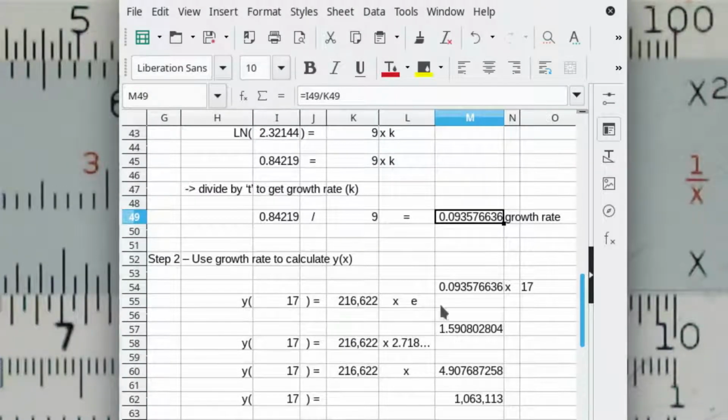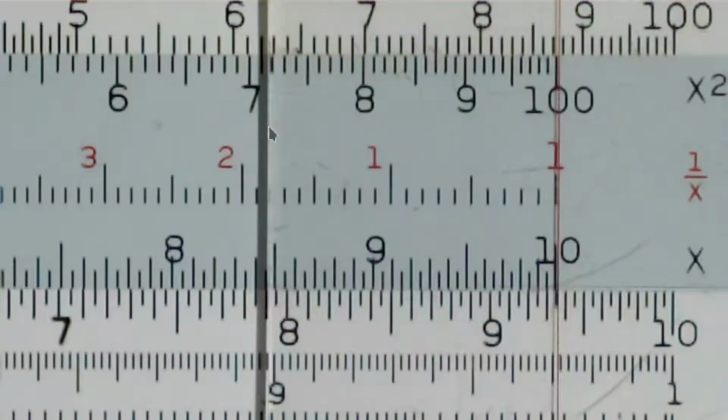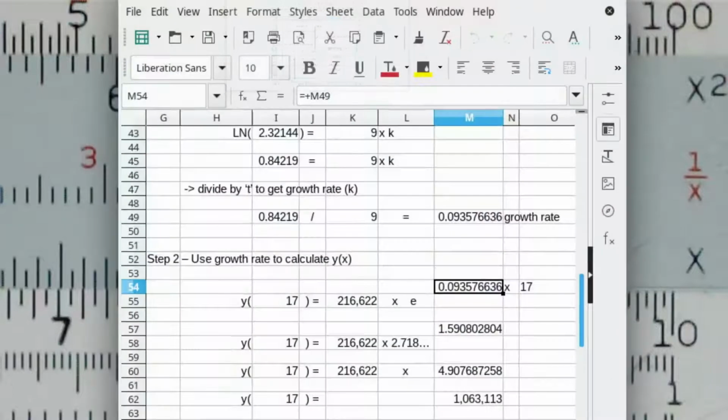So the next thing is to use the growth rate and see if we can come up with this 1 million number. So now that we have the growth rate, we multiply that by 17. So the growth rate is 0.09, and with the growth rate of 0.09, we multiply that by the future number of periods.